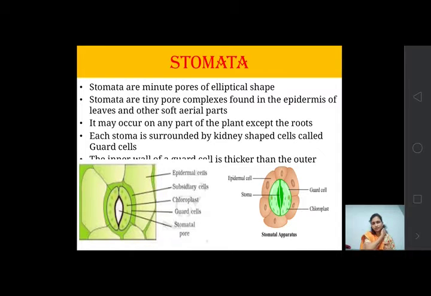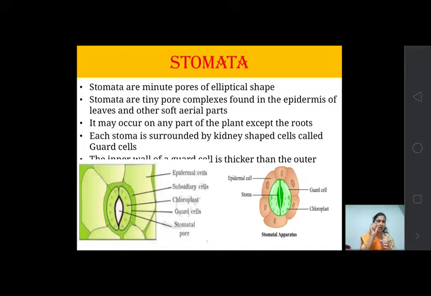These guard cells contain chloroplasts. The nucleus is also present in the guard cell, and also cytoplasm, vacuoles and other organelles.